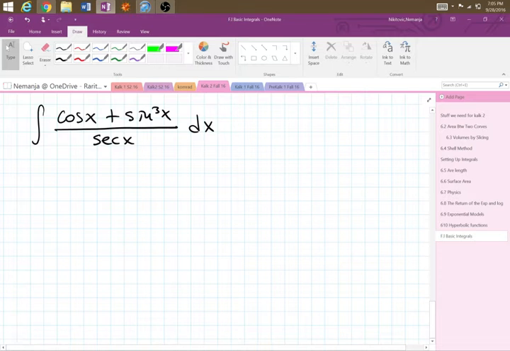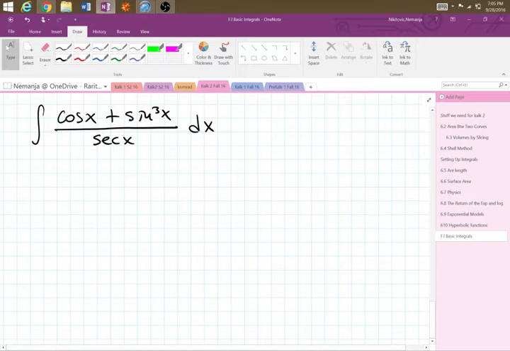It's just cosine x. So if we rewrite it, this denominator is part of this. You can rewrite it as cosine squared x plus sine cubed x cosine x.